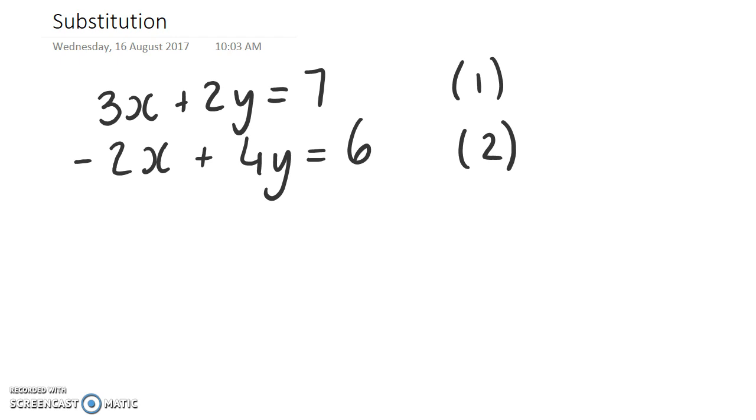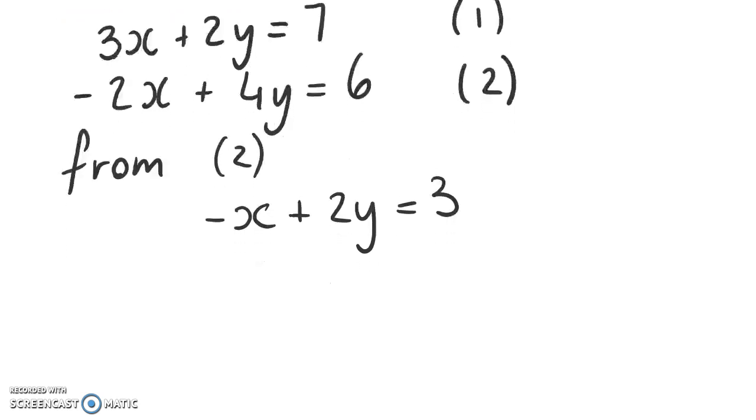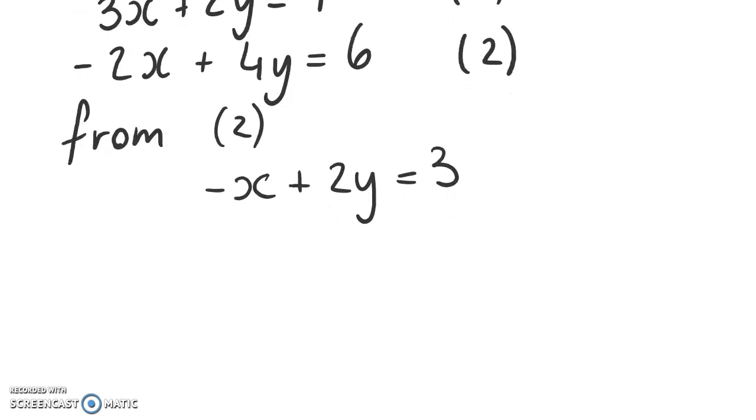As I said, 2 was the easiest one to rearrange, so we'll work from 2. We know that -x + 2y = 3, and we worked that out by just dividing both sides by 2. Now let's get x on its own. We'll shift x to the other side.